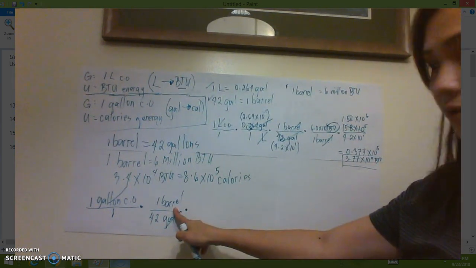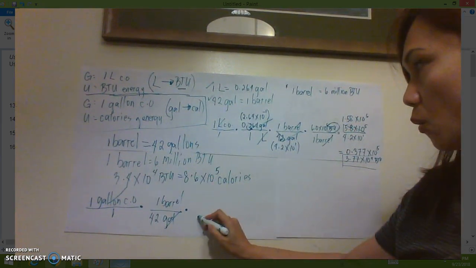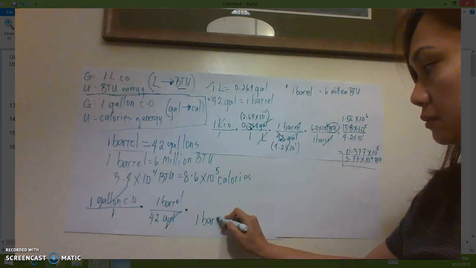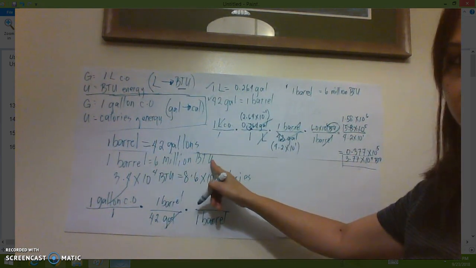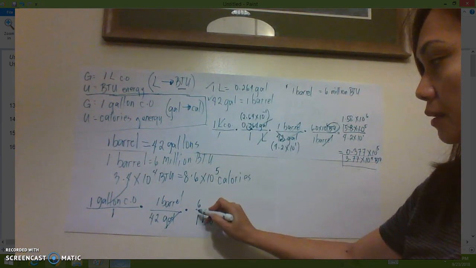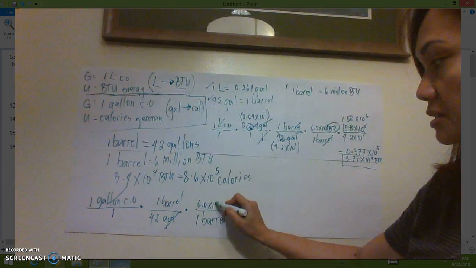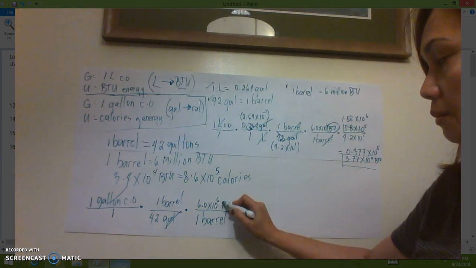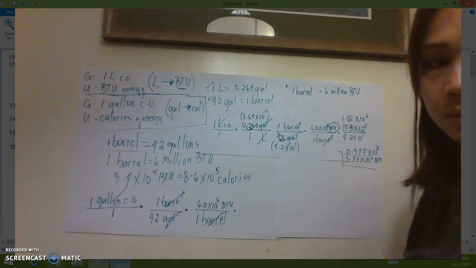How do I cancel barrel? I can use this factor, which is 1 barrel is equal to 6 million BTU. In exponent form is 6.0 times 10 to the 6th power BTU. Cancel barrel.